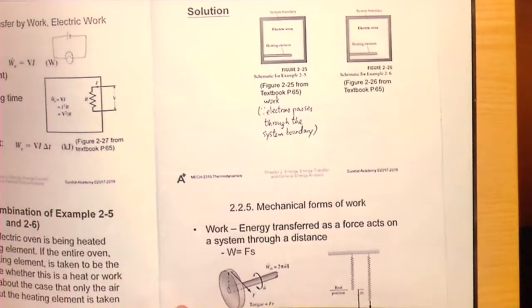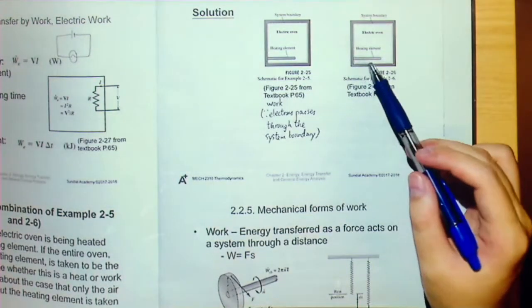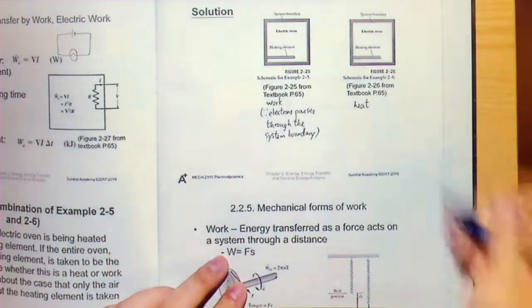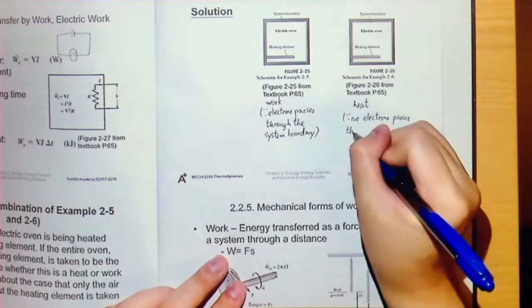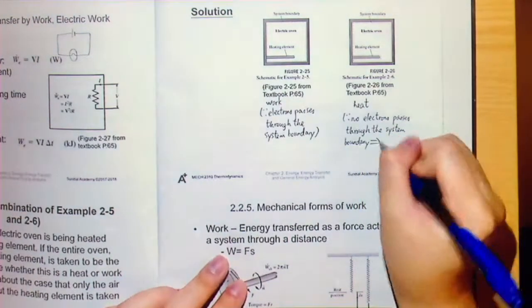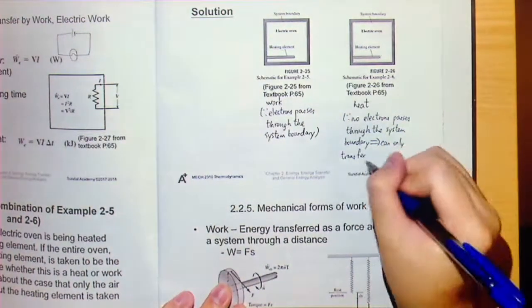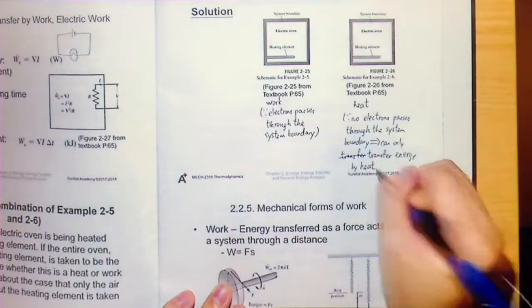The heating element will be heated to a higher temperature, and the electrical energy inside this heating element has been converted to thermal energy, and that will be energy transfer due to temperature difference. So that is heat. The reason is that no electrons pass through the system boundary, so the only way of energy transfer is by heat. They can only transfer energy by heat.